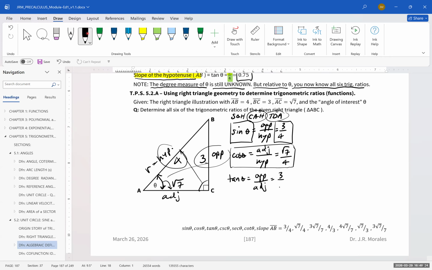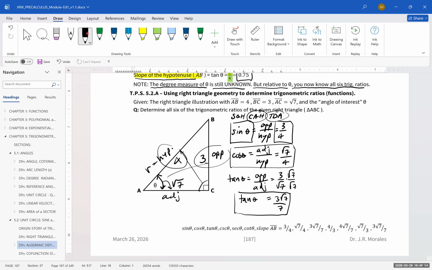The opposite side is 3, and the adjacent side is the square root of 7. Typically, you don't want to leave a square root in the denominator, so we multiply top and bottom by the square root of 7. That makes this 3 square root of 7 all over 7, so now we don't have a square root in the denominator.